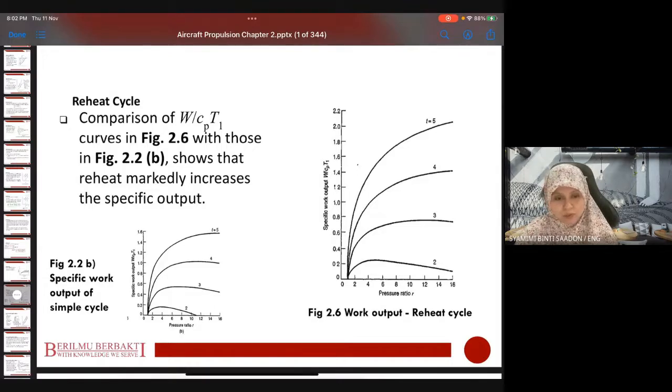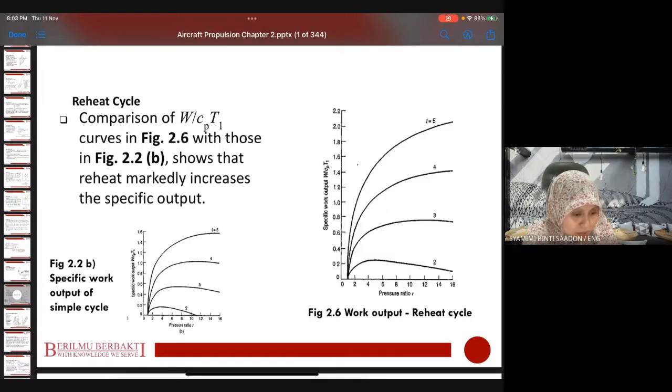Specific work output, figure 2.6, is increased. That's why I pasted back figure 2.2b earlier so that we can compare and see the change. If we use this reheat cycle, the specific work output, or the power produced by the gas turbine reheat cycle, can be increased.